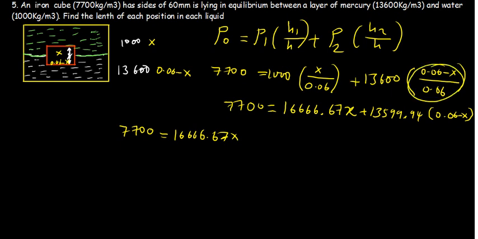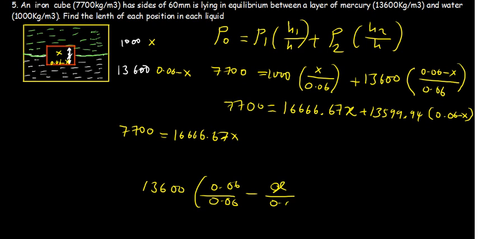So what we are going to have is 13,600 multiplied by 0.06 over 0.06, minus x over 0.06. 0.06 over 0.06 is a 1, and 1 times this portion will be itself. So that will be positive 13,600, and then minus, now we multiply this one in.